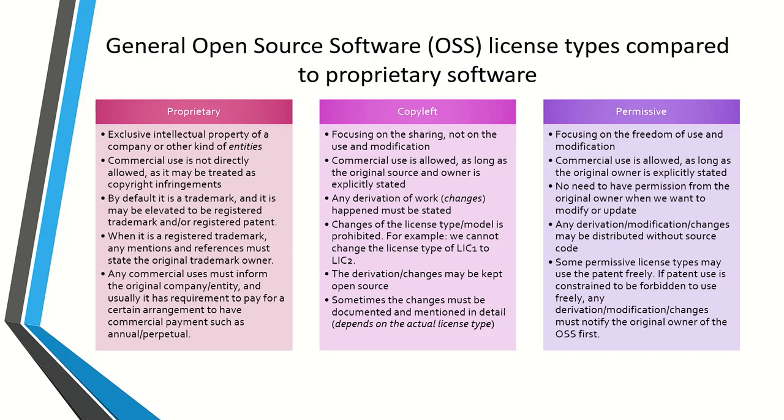I mentioned proprietary just for a quick comparison. Proprietary usually means exclusive intellectual property of a company or other kinds of entities. Commercial use is not directly allowed, as it may be treated as copyright infringement. This kind of limitation can also come in the form of closed source and also open source.